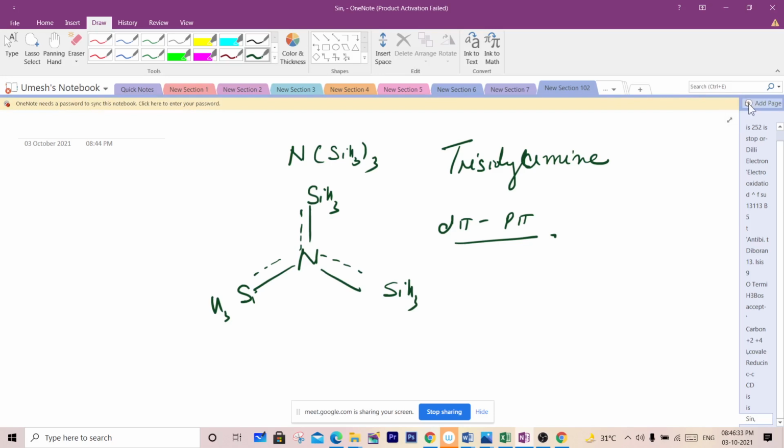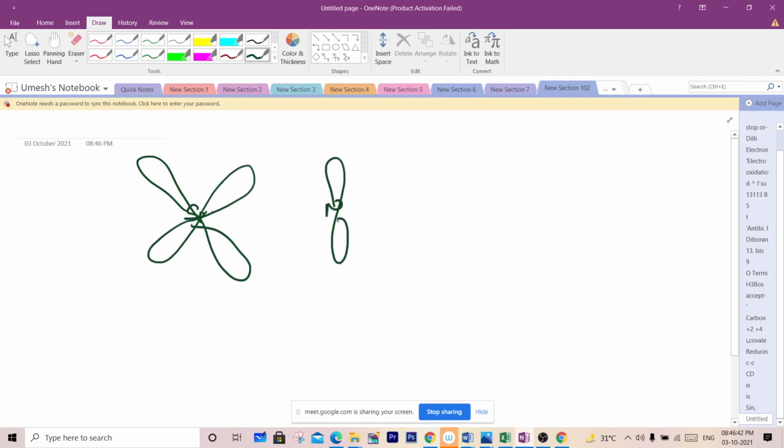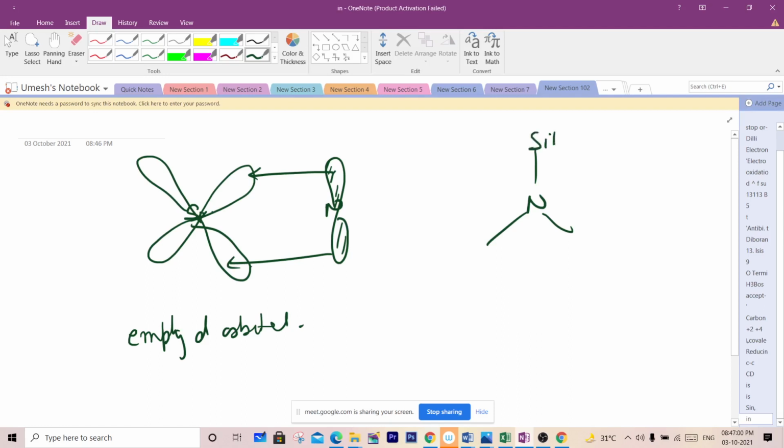The reason behind this is that silicon has an empty d orbital and nitrogen has a lone pair here. Nitrogen is capable of donating the lone pair as back bonding. So nitrogen will donate electrons to the silicon empty d orbital from all the three sides here.